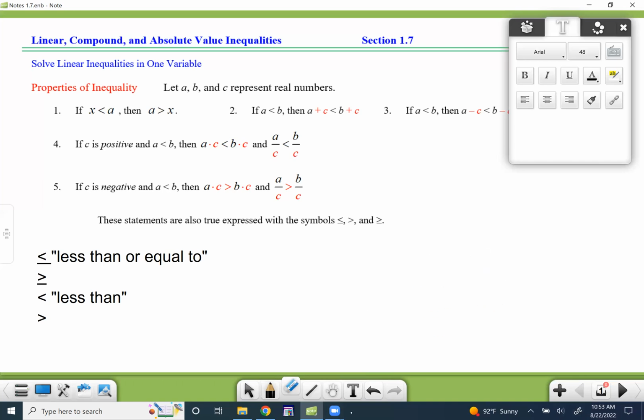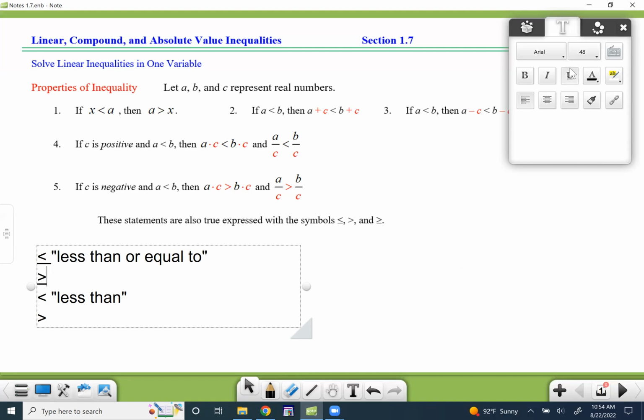Another more simple way to think about it is the mouth eats the bigger number. If the mouth is opening towards this side, then whatever's over here must be less. So that's why we call it a less than sign. Of course, that leaves these others to be greater than signs. So this one is a greater than or equal to because it's got the line underneath it.